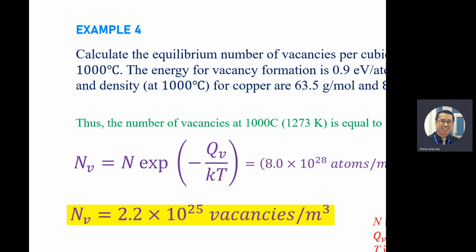Second, your Boltzmann constant, you have two values depending on the question. If the question gives you the energy of formation in joule, then you use 1.38 joule over atom Kelvin. If the question is like this one, example 4, where you are given the energy of formation in eV, then you use the second one, 8.62 times 10 power negative 5. You have two values of the Boltzmann constant, depending on the question. Be careful with this one.